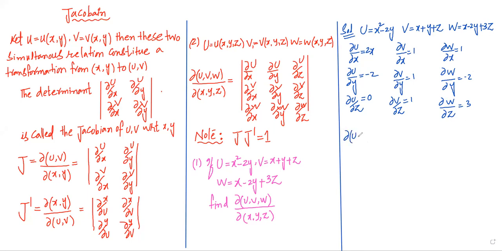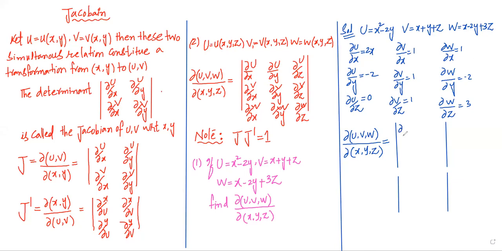The Jacobian of u, v, w with respect to x, y, z can be defined with a determinant value. I will be writing this determinant. What will be the first row?